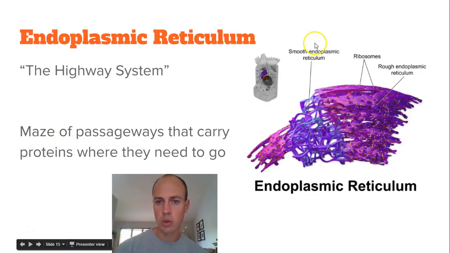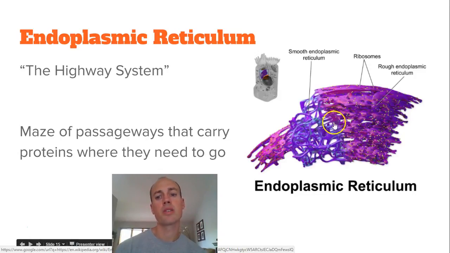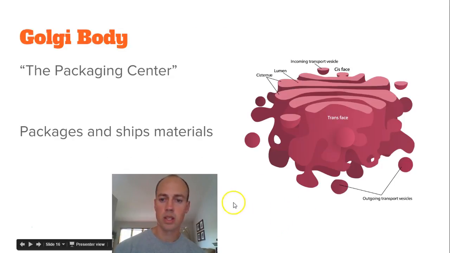There's such a thing as smooth endoplasmic reticulum that does not have ribosomes attached to it. But there's also rough endoplasmic reticulum that has those ribosomes, those protein makers, attached to this maze of passageways called endoplasmic reticulum. These have funny names. Hopefully you can remember them pretty well.